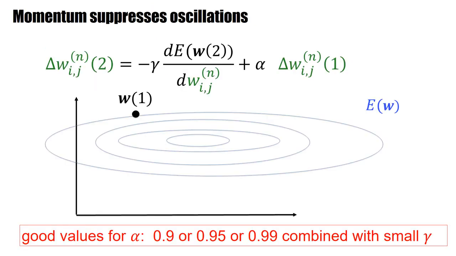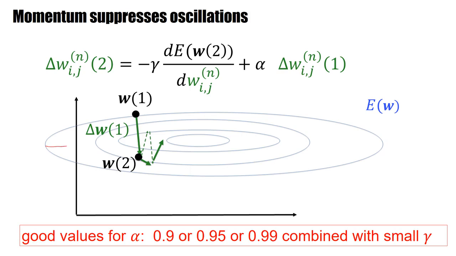So here again, you see how it works. We start with momentum in position W1, we walk down, we get to the new position at time step 2. These are the relative steps, and this is the final move, and from there we move on. So you see how this suppresses oscillations.